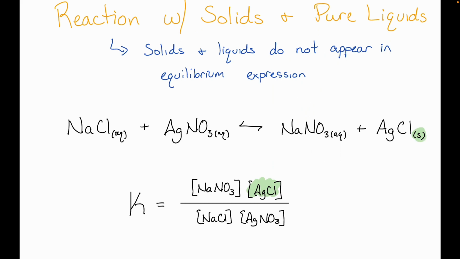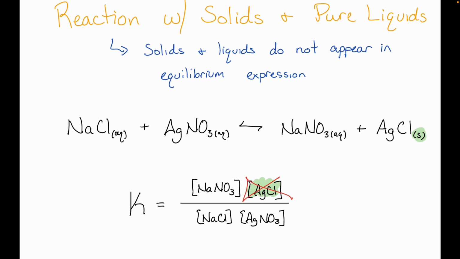Importantly, a solid doesn't really have a quote-unquote concentration. If we're thinking of moles over liters for a solid, that's not something that's variable. We would call it density, the more convenient way to express it, but it's constant for a given substance. So this value, no matter what, is not going to change in this expression. Your solids have a constant concentration, so why are we going to include it as a variable? We're not.